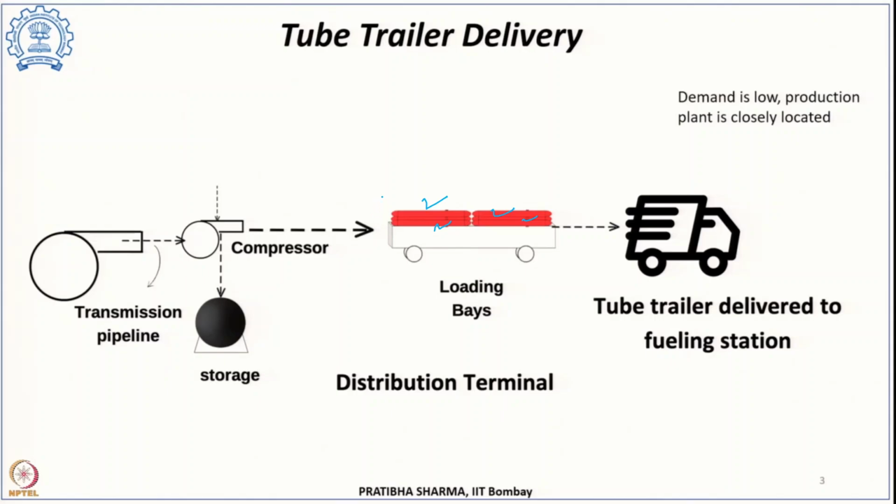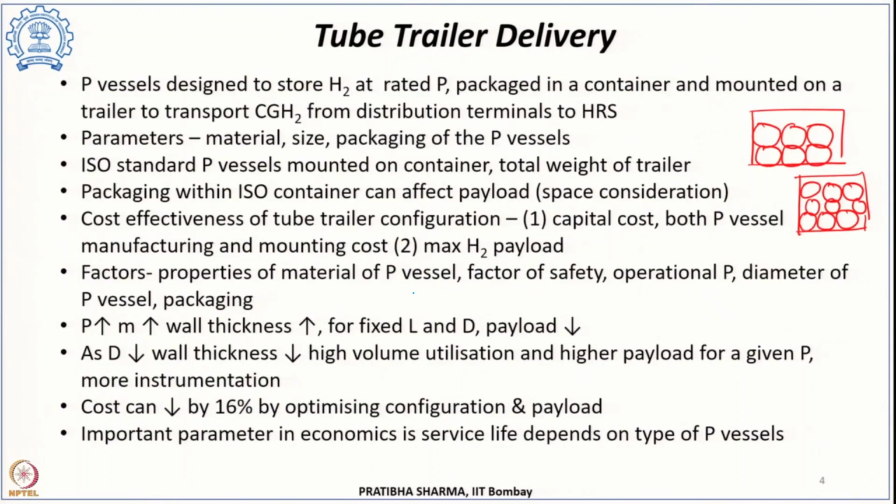But a very large amount of hydrogen gas cannot be carried from one place to another by a truck or fuel delivery system. Then you have to go for the pipeline. This is called tube trailer delivery.